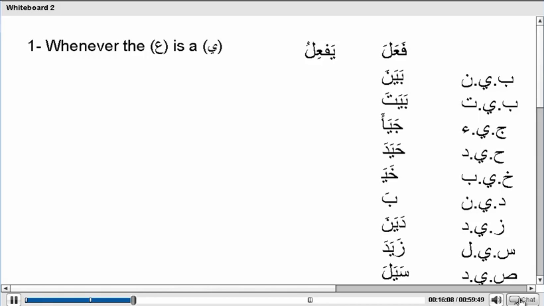Whenever the waw or the ya hold a haraka, and the letter before holds a fatha, what do we do? We change that ya or that waw into an alif. أليس كذلك? Isn't that so?